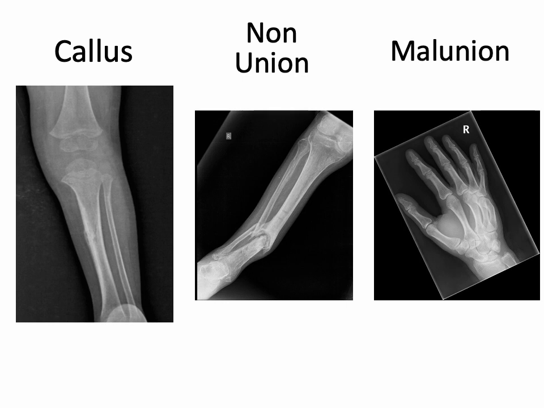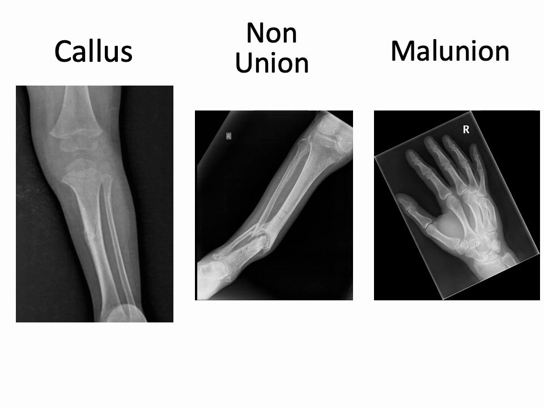This is an example of non-union, so shaft of tibia and fibula fractures, and despite attempts at plating, you can see screw channels there. There's been non-union of these fracture fragments, and in fact there's a pseudo-articulation that's formed, or pseudarthrosis, like a pseudo joint that's formed in the middle of the tibia and fibula.